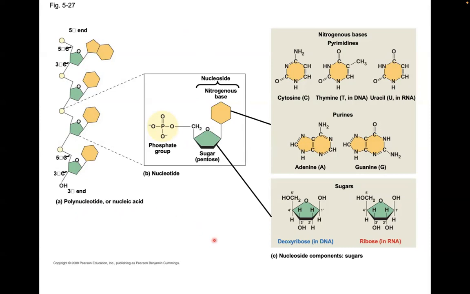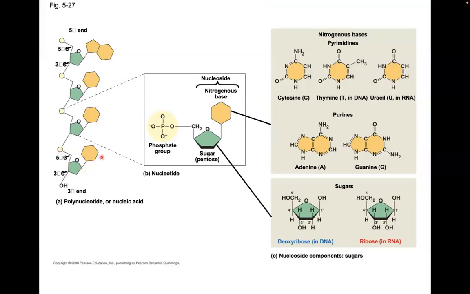Now, polynucleotides or nucleic acids are in this structure. We have a 3 end and we have a 5 end. This is a pentose sugar. If you count from this side, you count 1, 2, 3, 4, 5, connecting with another phosphate group.